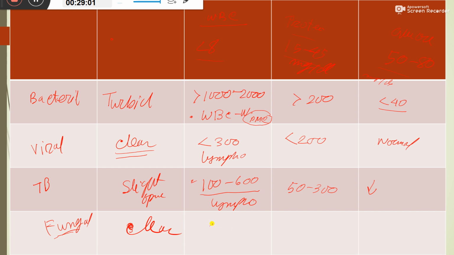WBC count is less than 500, and protein is mildly raised, less than 200, but glucose is normal. You may get lymphocytes or polymorphs, or it is mixed.